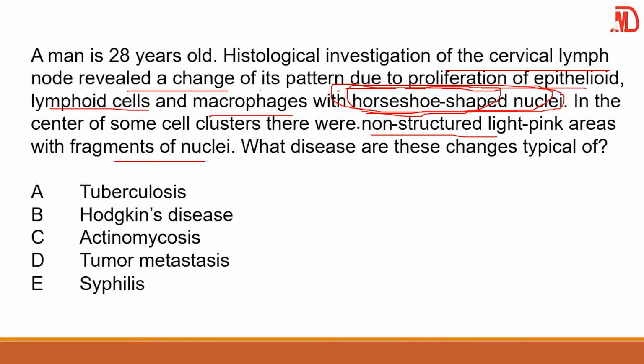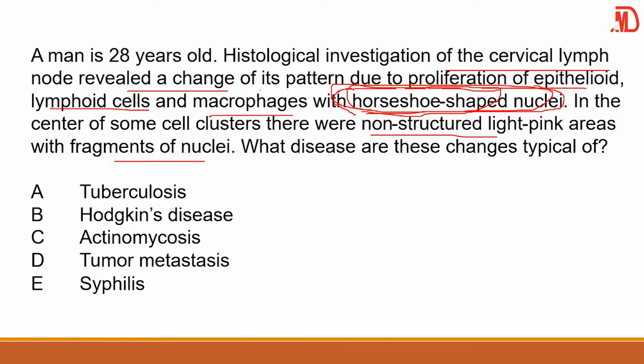So basically, they have this big, multinucleated giant cell that resembles the shape of a horseshoe. In other words, they are more like clusters at the pole.